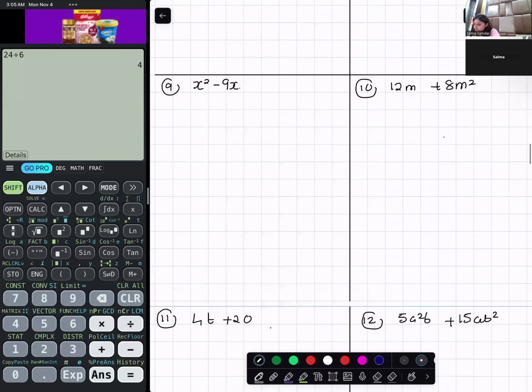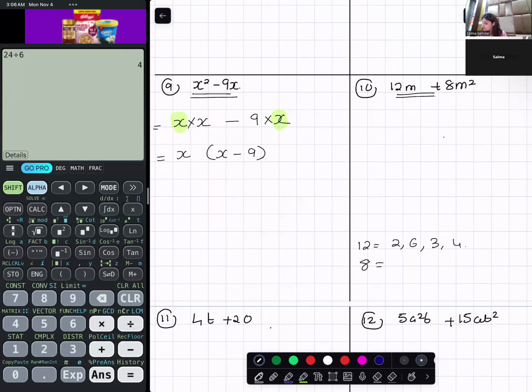Let's do the next sum. X square can be written as x into x minus 9 into x. Common factor is x. Common factor outside the bracket, remaining things inside. Here 12. Factors of 12 would be 2 into 6, 3 into 4. I think this much is sufficient. Factors of 8 would be 2 into 4.